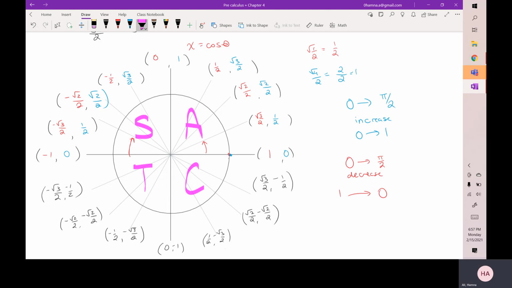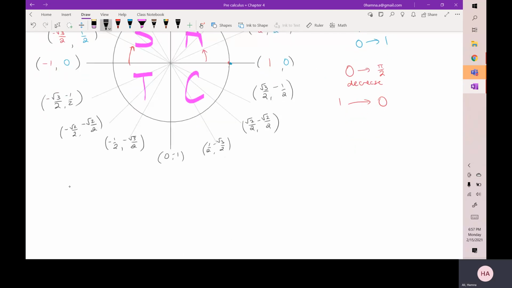So that's another thing you can use to remind yourself, like, oh, if I'm looking at an angle in the second quadrant and I'm asked to find sine, cosine, and tangent, I know my sine has to be positive, my tangent and my cosine have to be negative. And this is also going to apply to your reciprocal functions. So if sine is positive in the second quadrant, so is cosecant. If tangent is positive in the third quadrant, so is cotangent, and so on.